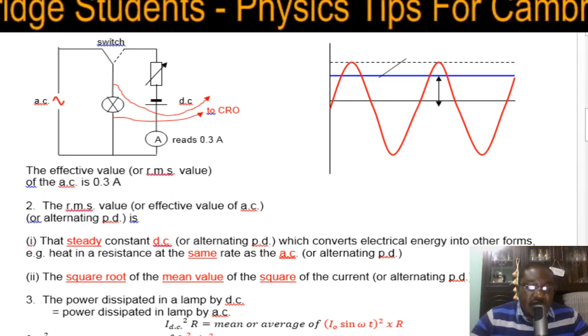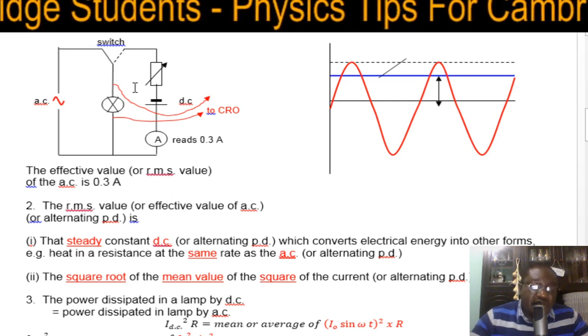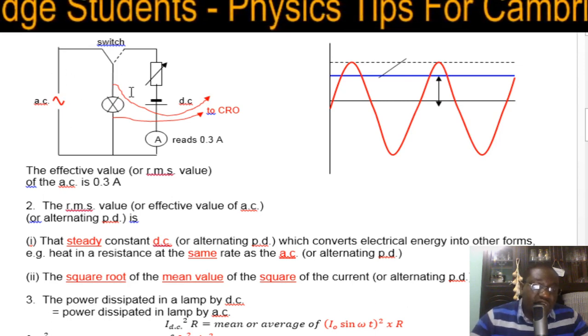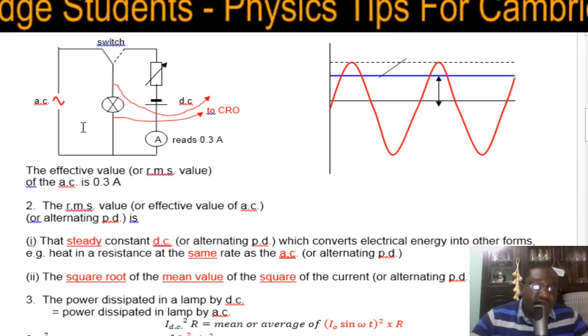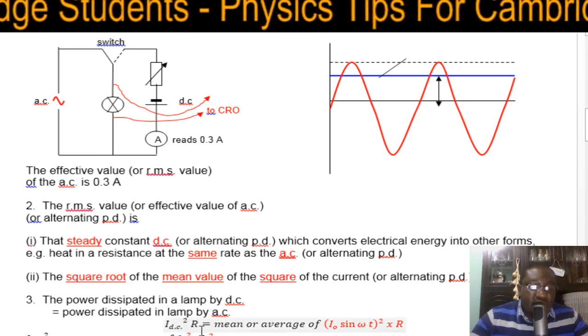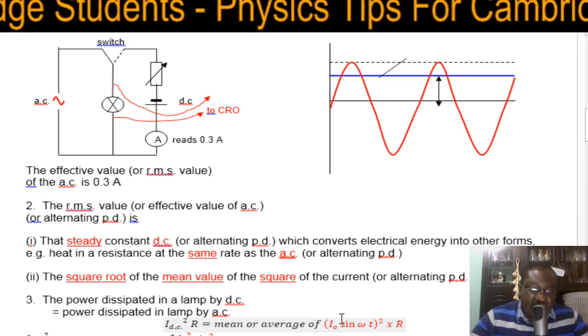Power dissipated in a lamp by DC is equal to the power dissipated in the lamp on AC. So we could form an equation which involves the current in the DC and the current on the AC. So I squared R DC is equal to I squared R AC.